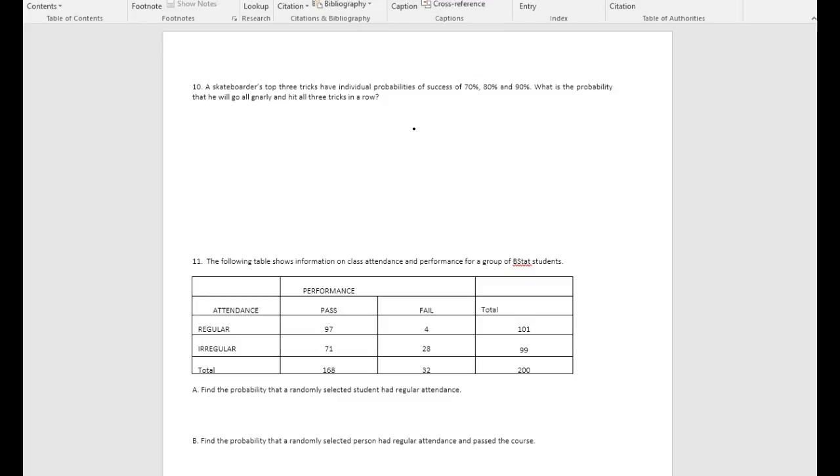These are 3 events in sequence: N1, N2, N3. Probability of N1 is 70, probability of N2 is 80, probability of N3 is 90. We multiply them together, and we get 0.504.